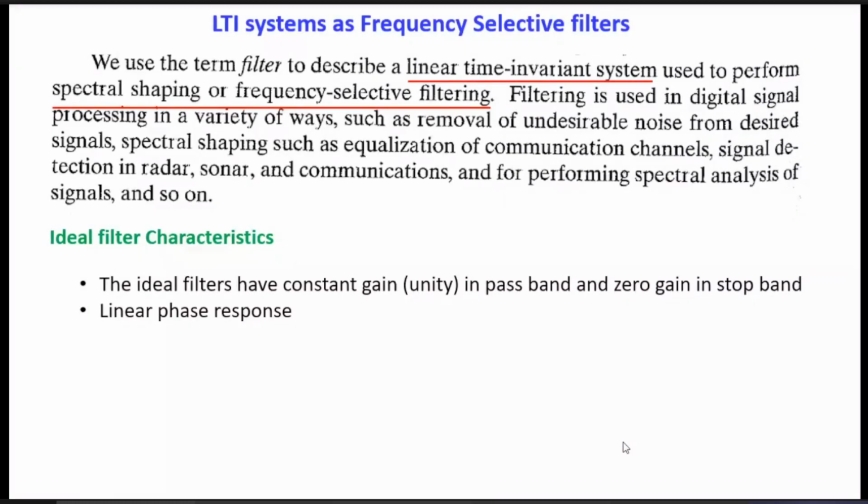That means at some selected frequencies we have some characteristics: they may have high gain or low gain, or zero. They may have gain or they may not have gain. So it is called frequency selective filtering.